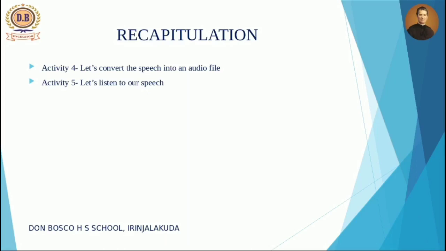Then our fifth activity was, let's listen to our speech. We have opened that exported audio from home folder in that documents folder. Then when we opened that file, it is not opened in the Audacity software. Instead of that, we can hear that audio or that recorded speech. But in our last class, we have saved the file as Audacity project file. The file extension was .aup.